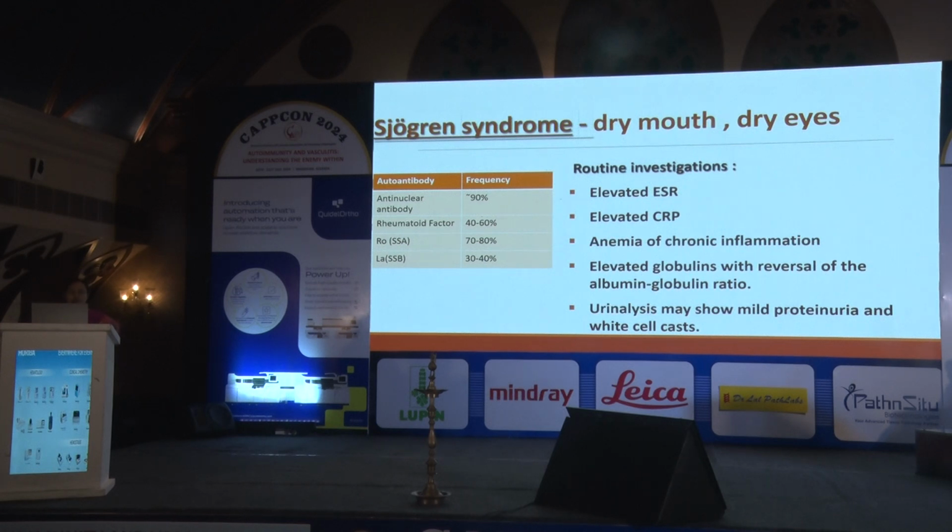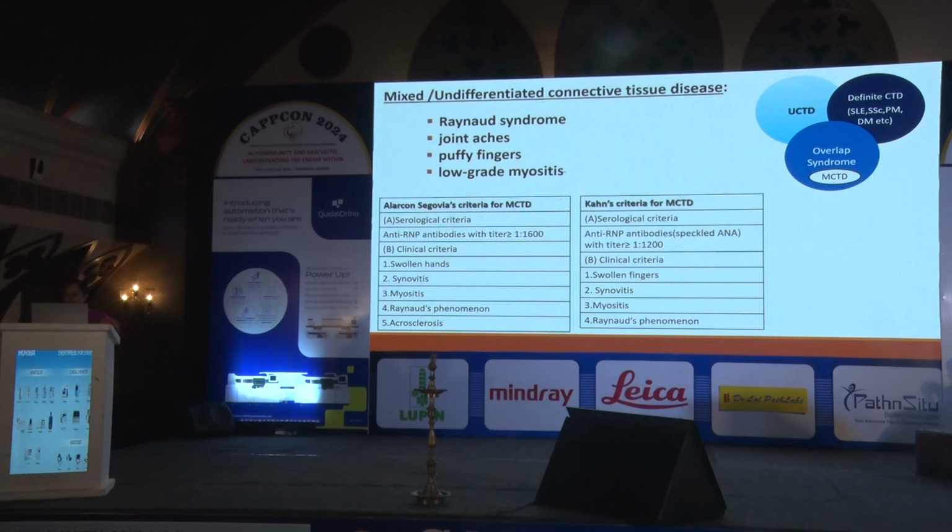Urine analysis may show mild proteinuria and white cell cast, then this will be labeled as Sjogren syndrome. And in a few cases where the symptoms appear to be very similar to connective tissue disease, but we cannot prognosticate or we cannot just classify under a definite phenotype, these type of connective tissue diseases are labeled as undifferentiated connective tissue disease.